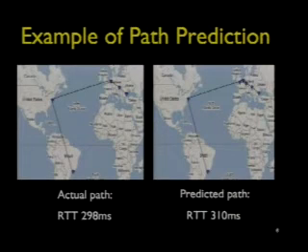The map on the right shows the path predicted by iPlane between the same source and destination. You see that though the path is not exactly identical, it's pretty similar to the actual path. And since it's pretty similar, even our latency estimate is close to the actual value.